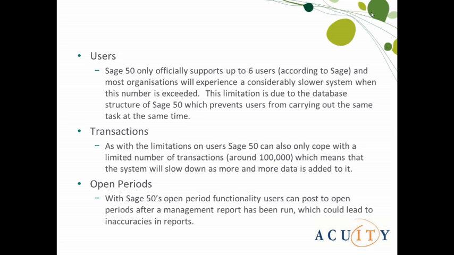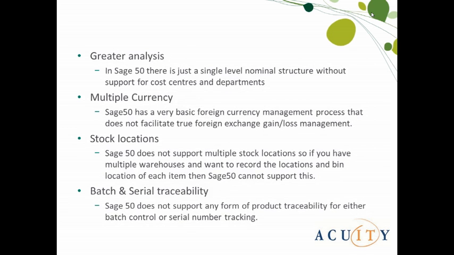There are, of course, a number of functional issues related to the software as well that you might already be encountering, such as open period accounting. Sage 50's functionality allows users to post to open periods after management reports or period ends have been run, which often creates inaccuracies in reporting.